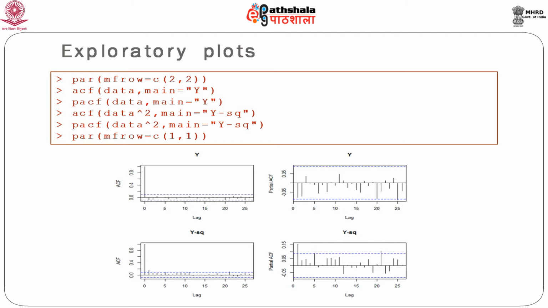Maybe GARCH(1,1) might be appropriate, which is quite obvious, because while generating the data I set it as GARCH(1,1). So that's why it was also displaying that the order of the GARCH should be 1 and 1.